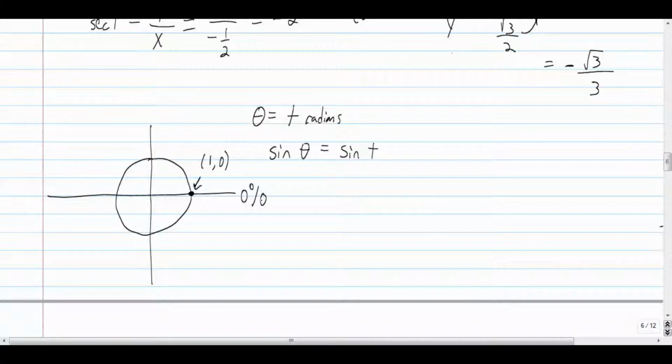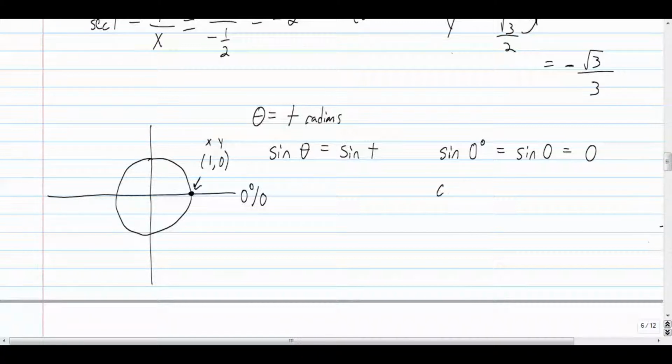So if I want to know what the sine of 0 degrees or the sine of 0 radians is equal to, I just have to remember which coordinate I associate with sine. The y coordinate. So look here, this is x, this is y. The sine of 0 degrees or the sine of 0 radians is equal to the y coordinate, which is 0.